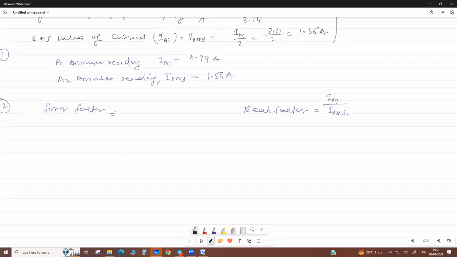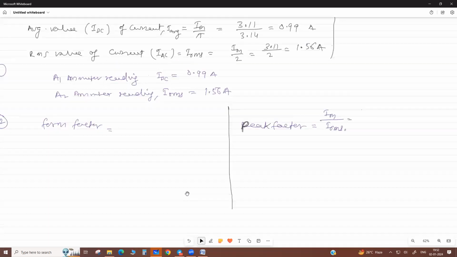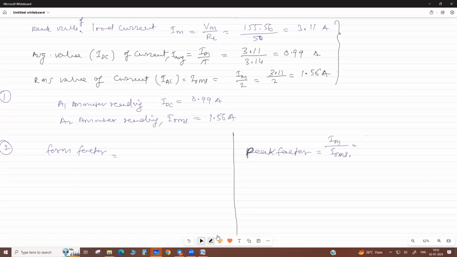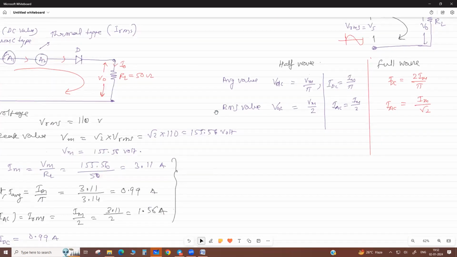तो यहाँ पर अभी ये 1.11 नहीं होगा. पीक फैक्टर, पीक वैल्यू बाय आरएमएस वैल्यू. तो व्हाट इज द पीक? पीक हमने निकाला था ना, पीक है आपका 3.11. 3.11 divided by RMS value 1.56. फॉर्म फैक्टर में it is RMS value by average value.